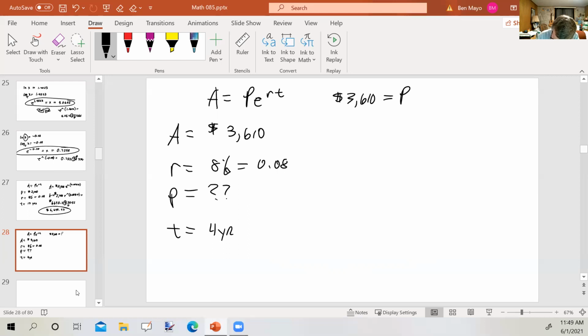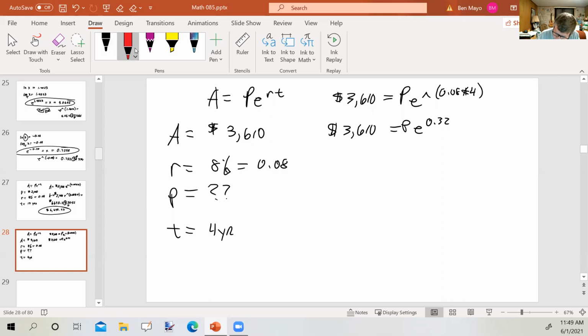Okay. So now we've got $3,610 equals P times e raised to the 0.08 times 4 power. In this case, I'm going to need to isolate P. So I'm going to go ahead and predetermine what 0.08 times 4 is. So that's going to be raised to the 0.32 power.